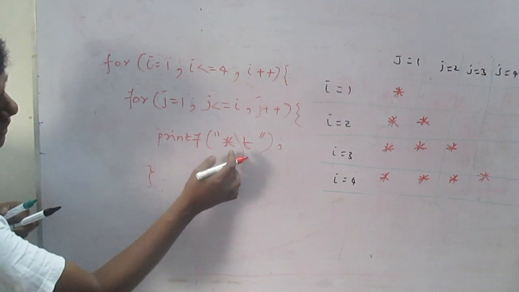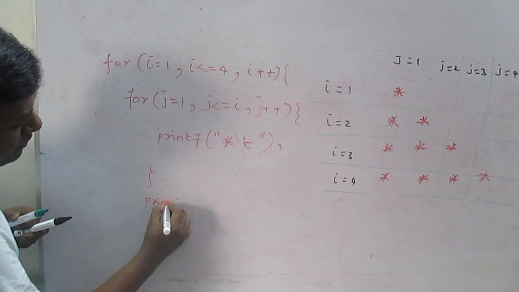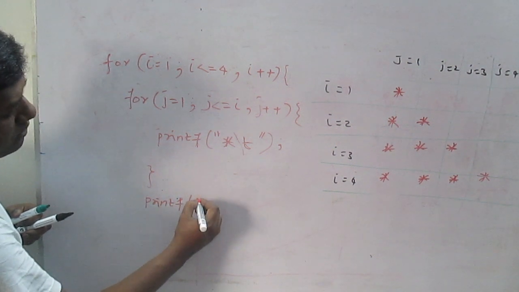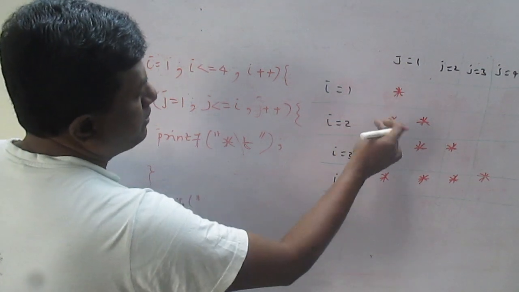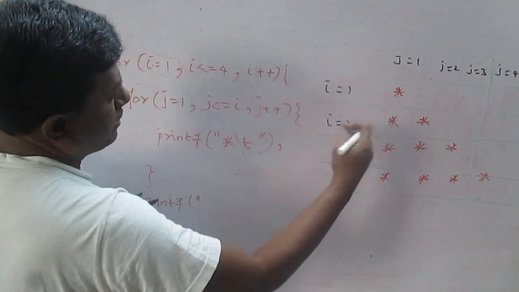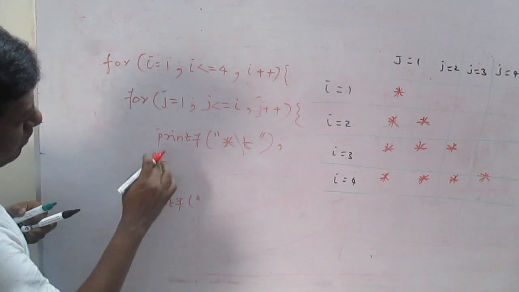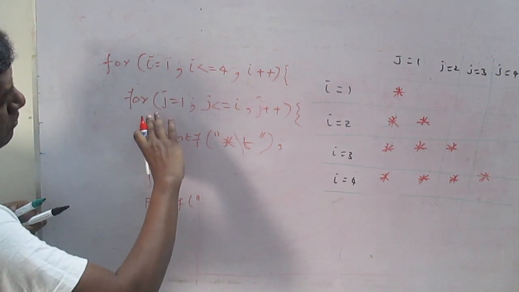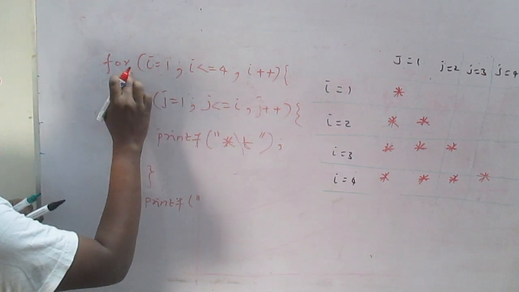Once we have done this, another printf is required, for the next line character, because once this is done, the cursor has to come to the next line. So after the end of this inner loop, we go to the first loop.